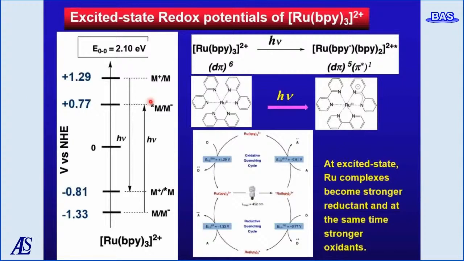This indicates Ru(bpy)3 becomes a stronger reducing agent and at the same time a stronger oxidizing agent under photoexcitation. Therefore, Ru(bpy)3 can act as an electron donor or acceptor under photoexcitation and be used as a photoredox catalyst.